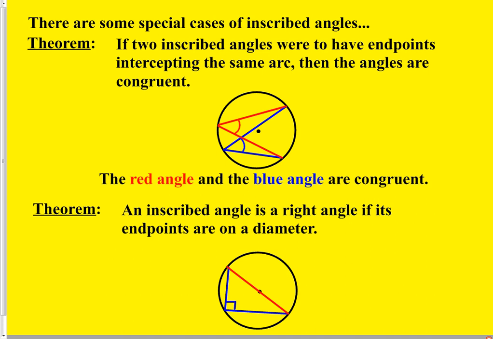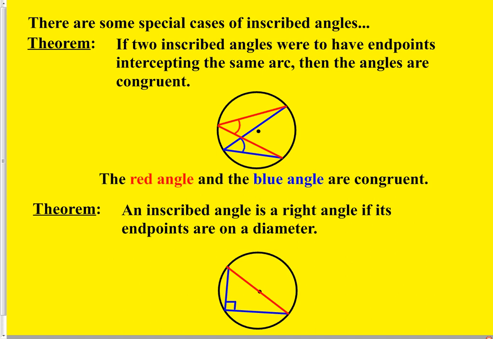Half of that would be 180. So if the inscribed angle has an arc that measures exactly 180, and the inscribed angle has to be half that big, then obviously the inscribed angle would have to be 90 degrees. So thank you very much for the theorem, but this is really something that we could have figured out on our own.